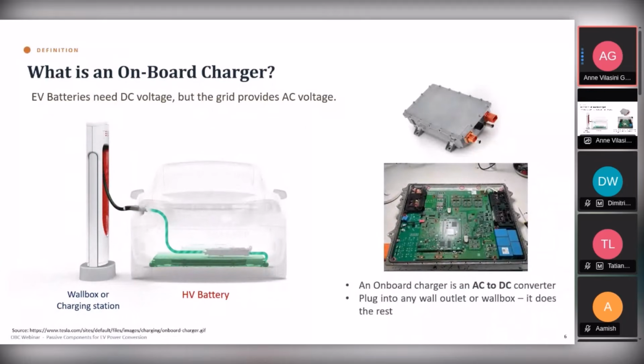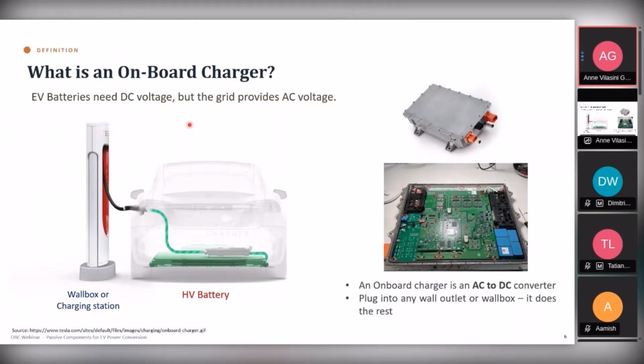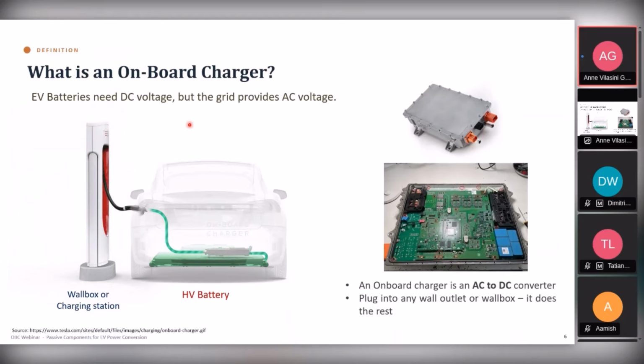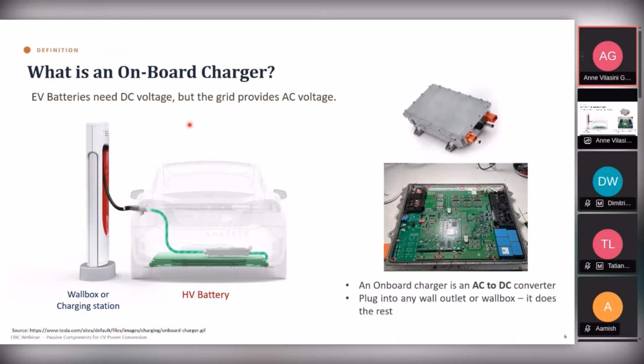So starting with an onboard charger. So what is an onboard charger? When you see an electric vehicle on the road, you know that it's not running on fuel, not on diesel or petrol, but it has a high voltage battery, which is powering the car.